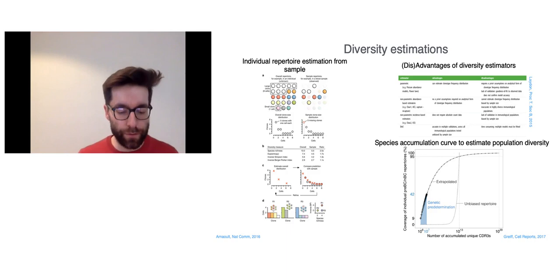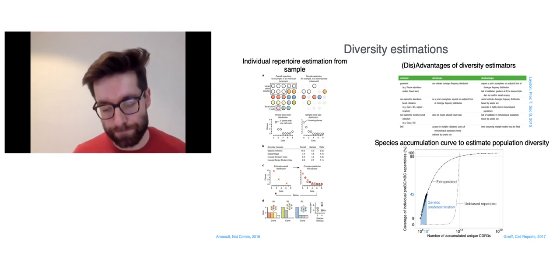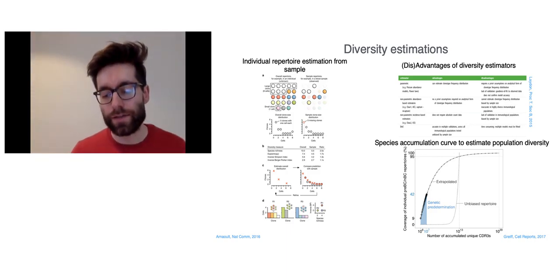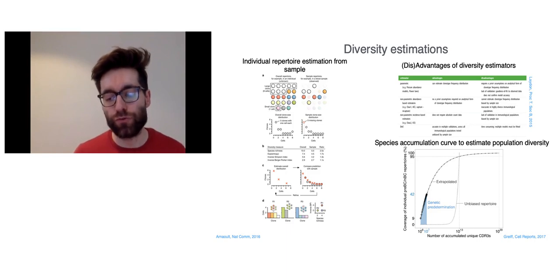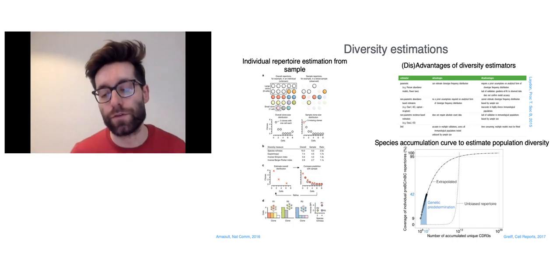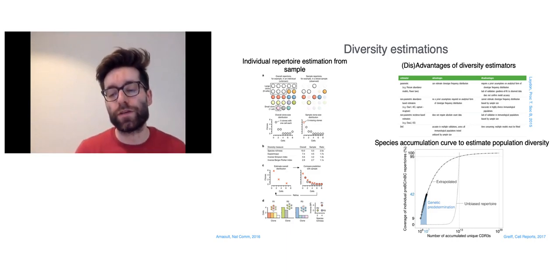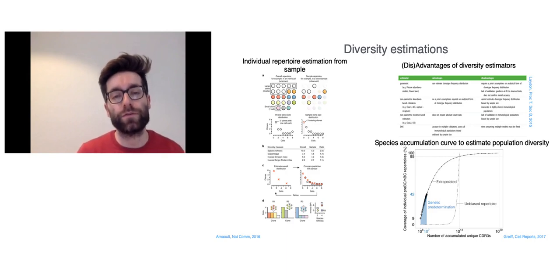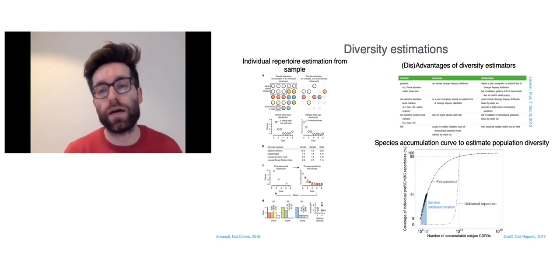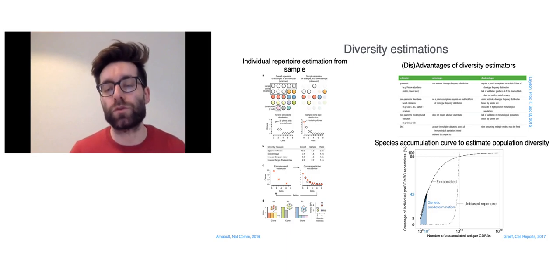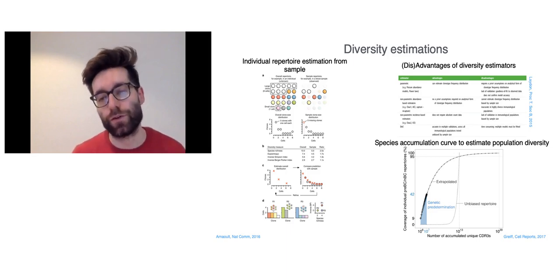The problem with diversity is that since you're undersampling, there is the problem of how true the calculated diversity is. Is it a representation of your entire diversity? And for that, you can use estimators. I'm just showing you a few here. I will not go into detail. This would be an entire lecture on its own.